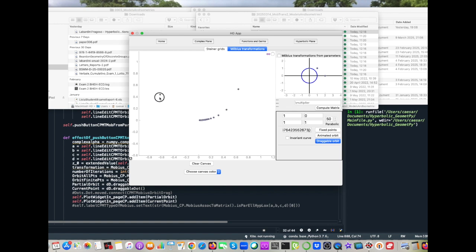You see, I'm moving just the original point, and the program is computing the first 50 iterations applied to that point, and you can already see somehow that they always describe a circular shape.